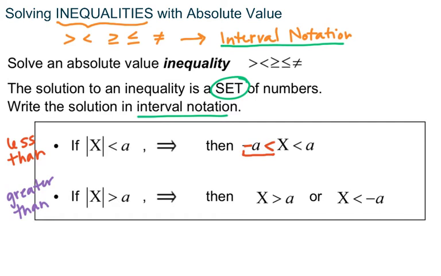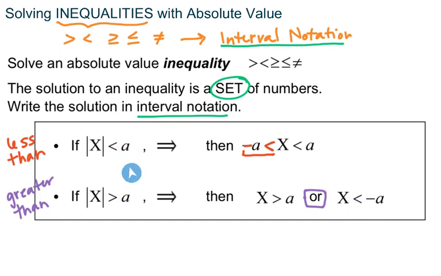If we're dealing with a greater than problem, if we have the absolute value of some expression x greater than a number a, then we deal with something called disjunction. We have the or situation. That absolute value expression is either greater than a or less than the opposite, or less than the negative.